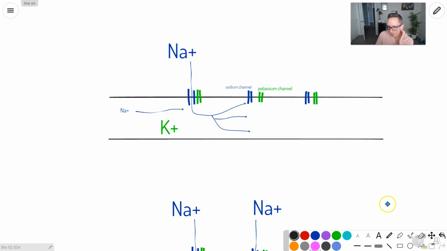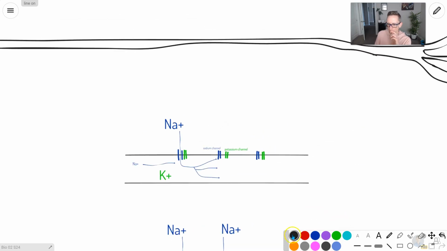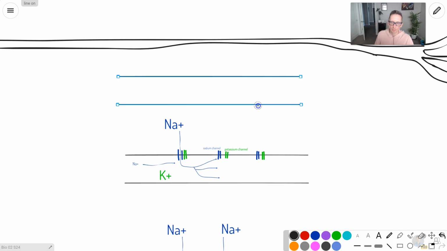Okay, so what is happening here? Normally, let me draw one above this too. Then I'm going to get rid of all this just to make it clear.